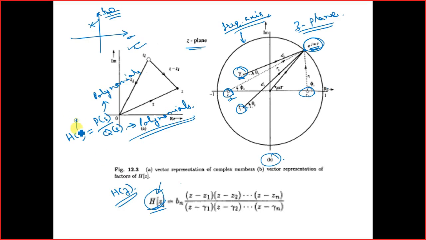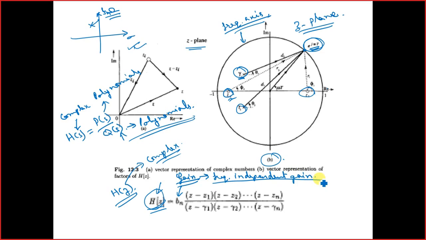Herein s is a complex parameter; here z is the complex parameter. Now we are just replacing the s, what we discussed in our s plane lecture, with z over here. So Bn is nothing but the gain of the system, the frequency independent gain.